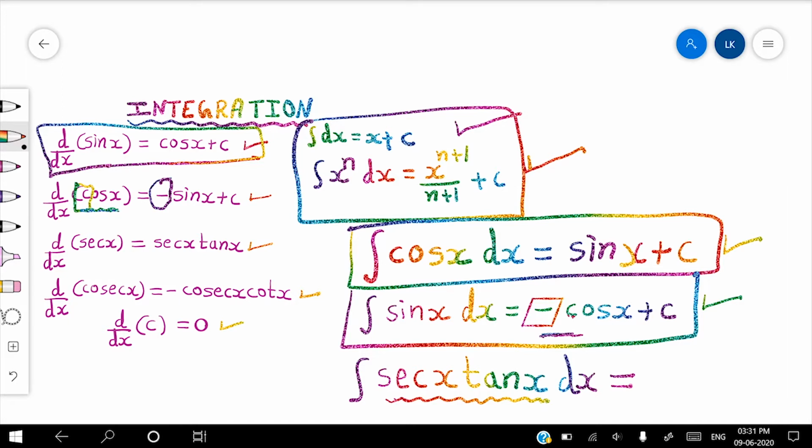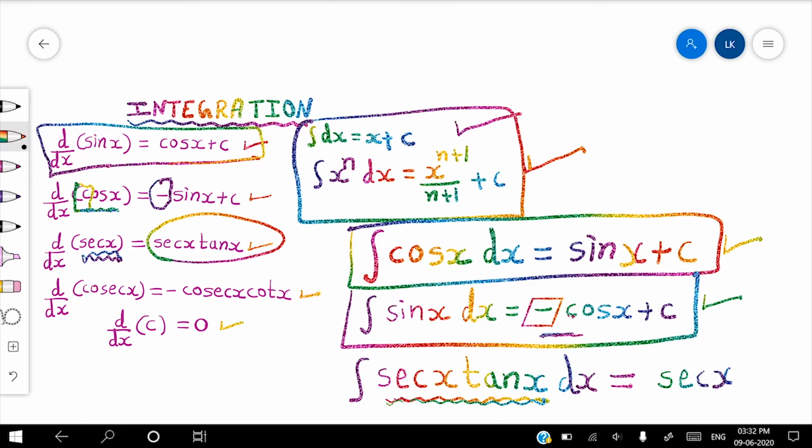When in derivative the answer is sec x into tan x, it is the derivative of which function? It is the derivative of sec x. Derivative of sec x is sec x into tan x. Therefore, the answer here we have to write simply sec x plus c.